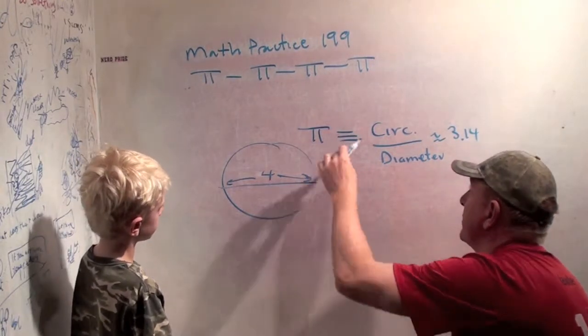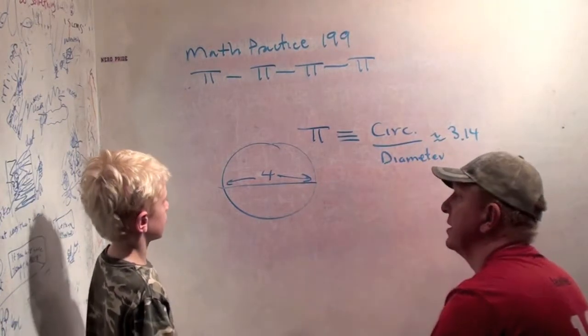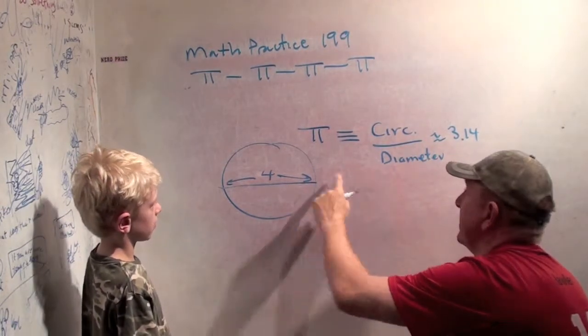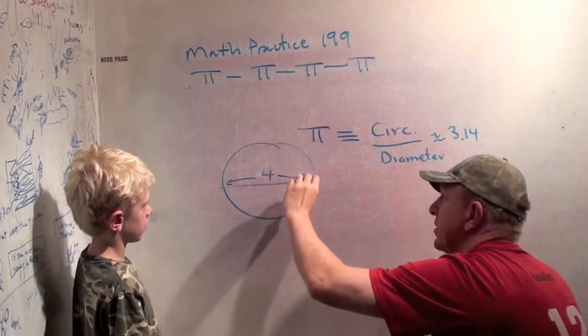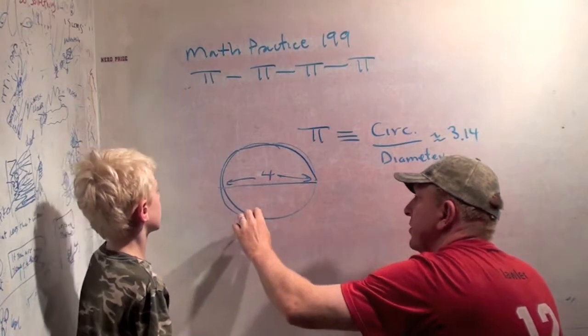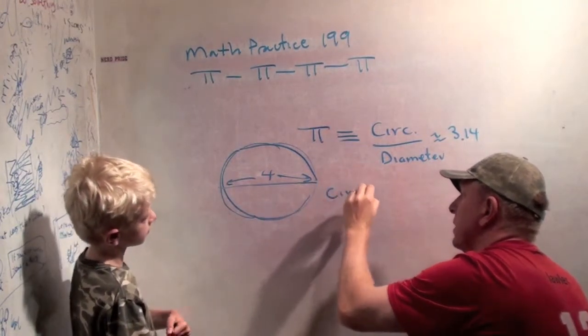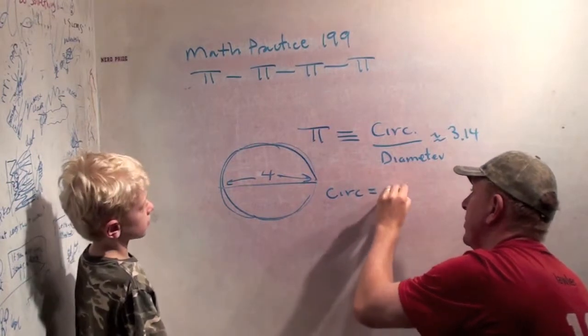The ratio of the circumference to the diameter is pi, so I have to multiply the diameter by pi. Remember, the diameter goes around about 3 times, a little bit more. So the circumference is 4 pi.